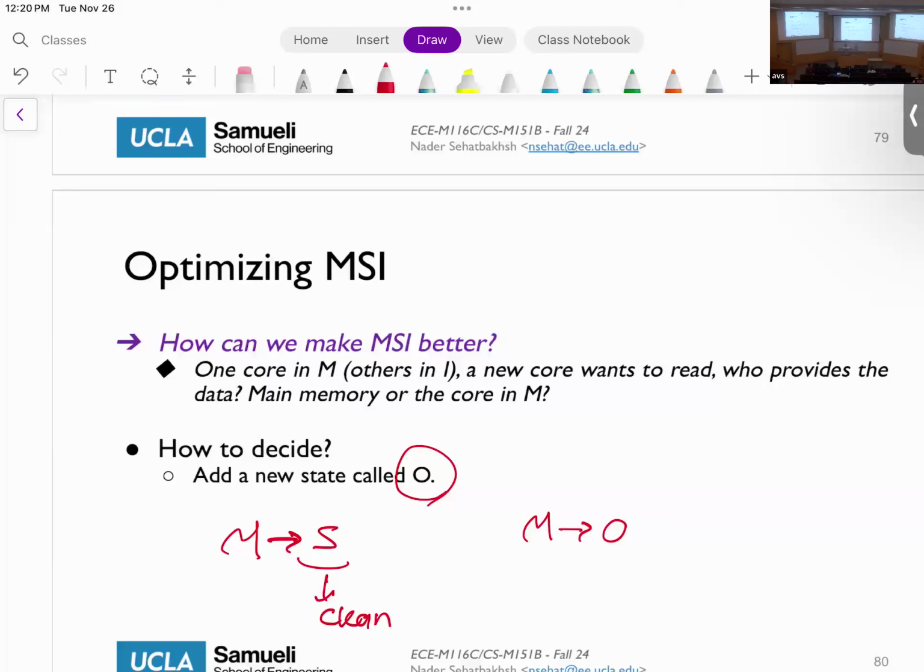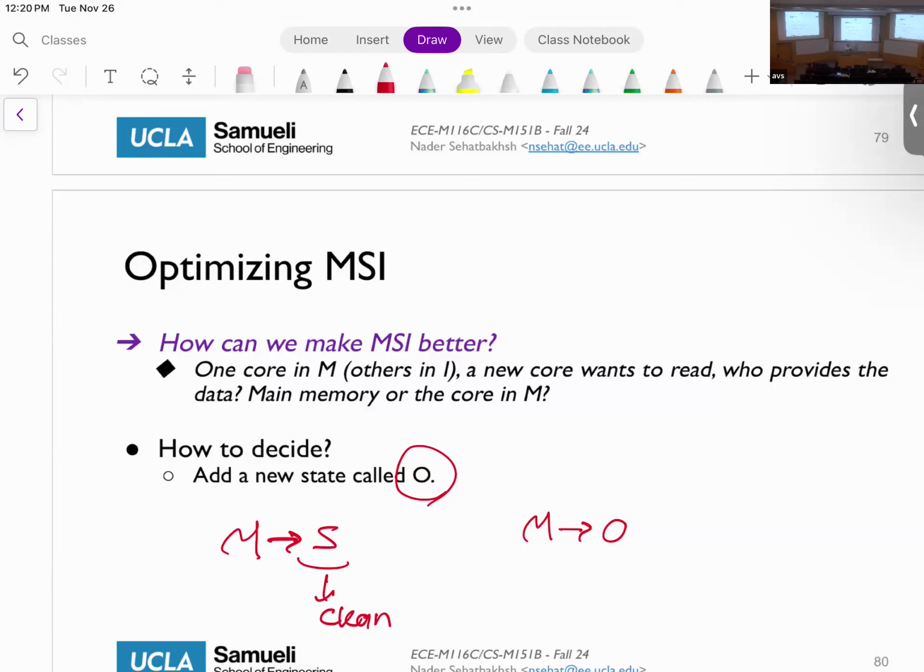If another cache wants to read it, I'm the owner, I provide the data. But I still have the dirty copy, so whoever goes to the memory and tries to read it is going to read an incorrect value. You have to go to the owner and ask it, okay?